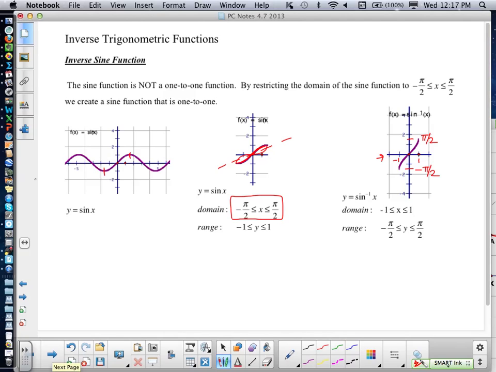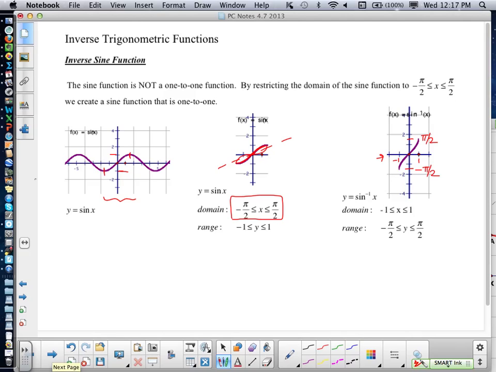And that works well because in this region from -π/2 to π/2, we only have certain angle measures depicted, but we have every sine ratio from down here at -1 all the way up to +1. So you could type in any given sine ratio and always come up with an angle, okay?